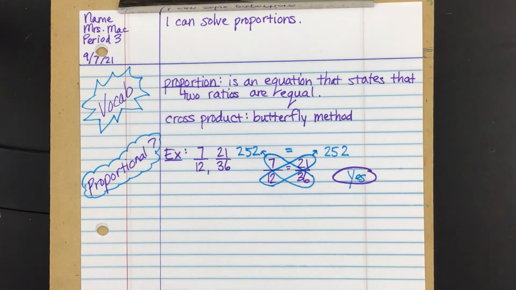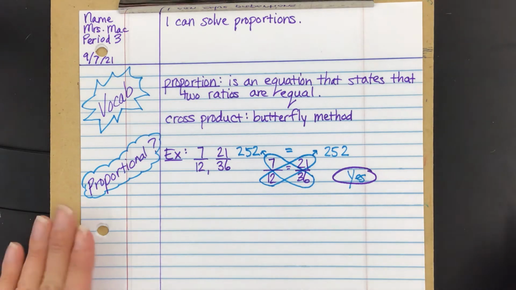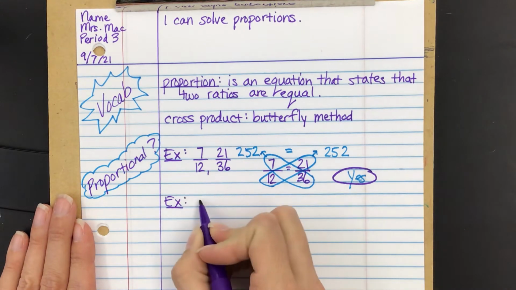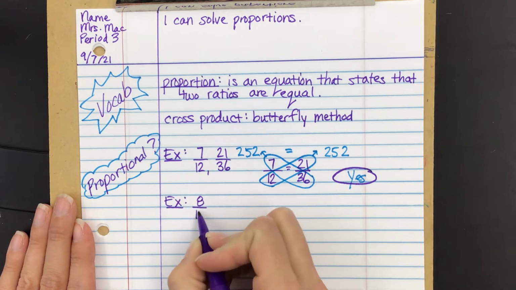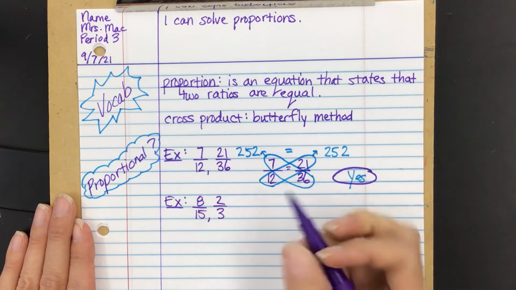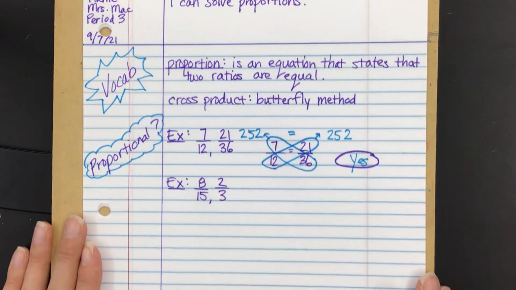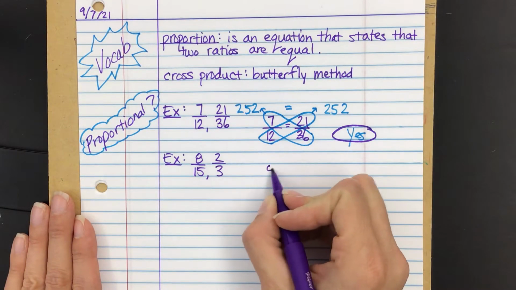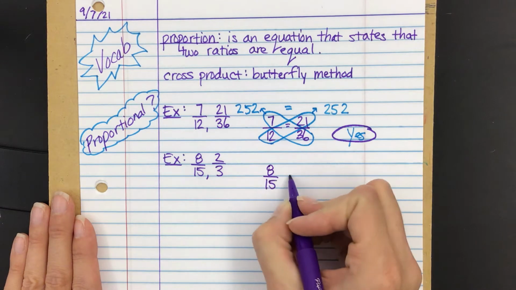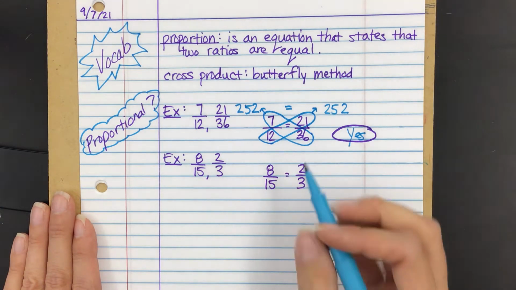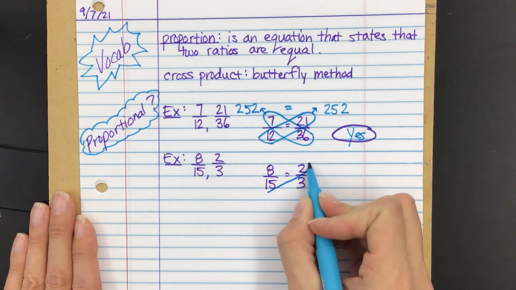Now let's take a look at another example. Okay, so here's two ratios. Let's see if they're proportional. So I'm going to set them equal to each other, and I'm going to cross multiply.